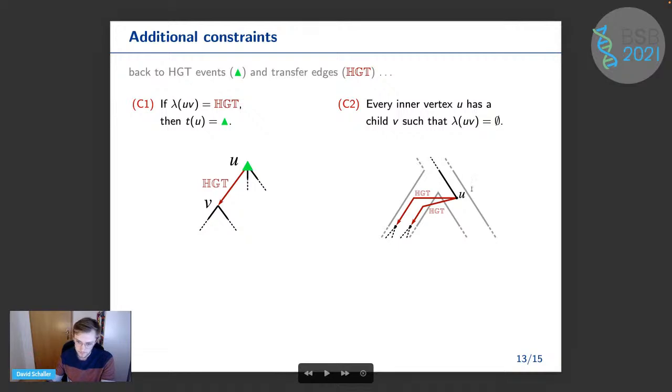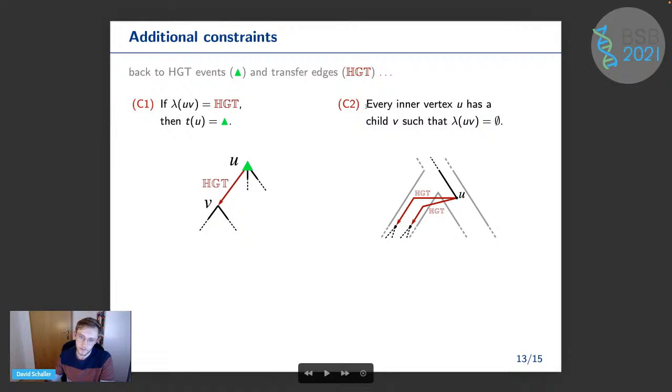And if you look at this local reconciliation here, then both edges leading to the children of vertex U are transfer edges. So it doesn't really make sense to place U in this branch of the species tree, because we could as well place it here and then either directly come from above or make the edge to its parent a single transfer. So in any case, we can save at least one transfer. So how can we translate it into our edge-labeled trees?